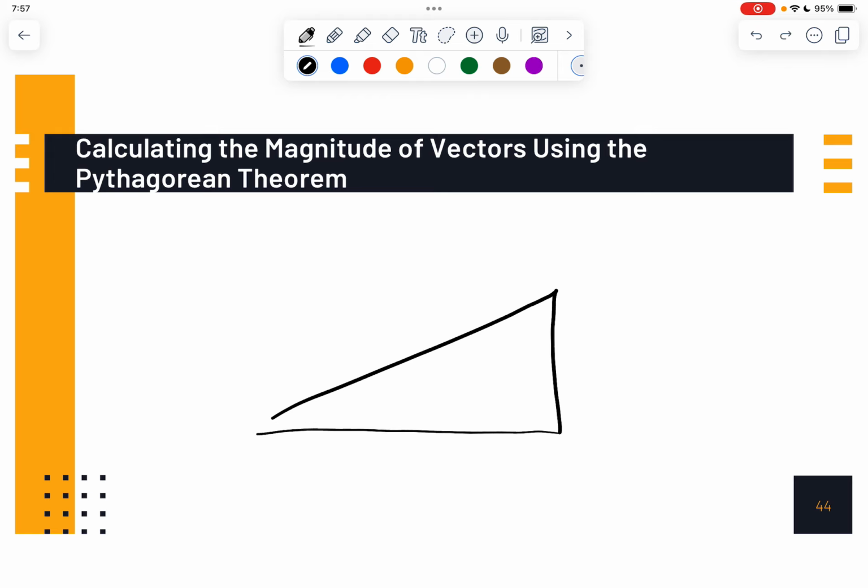Again, every right triangle is going to have a 90-degree angle, and the side that's across from that 90-degree angle, that's what we label C, that's going to be our hypotenuse.